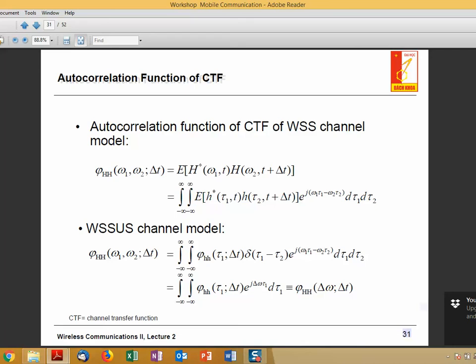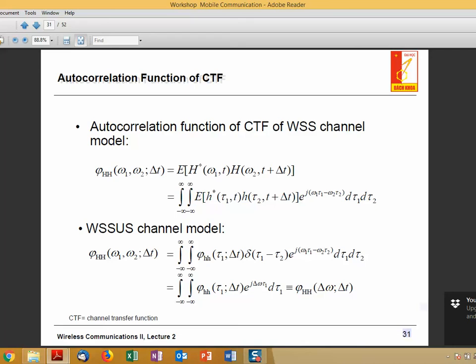Now I'm moving from this one to this one. You still have a double integration here. From here to here, I made a mistake: one integration disappears because here is a delta function.